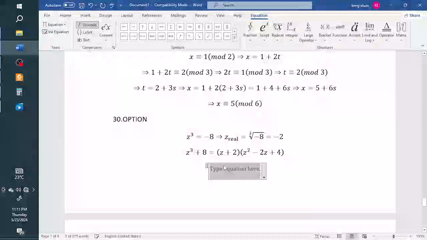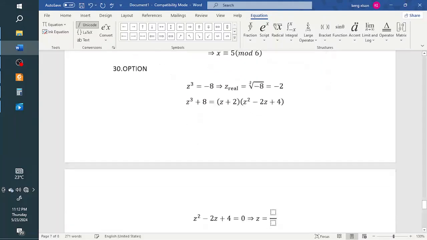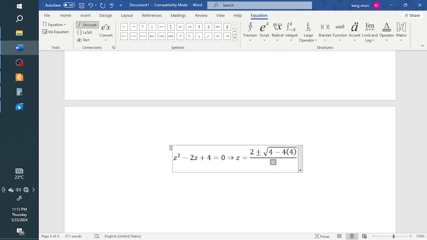Okay, so if I solve z squared minus 2z plus 4 equal to 0 using the quadratic formula, I will get z equal to negative b, which is 2, plus or minus the square root of b squared. What is b squared? 4 minus 4ac, all divided by 2a.